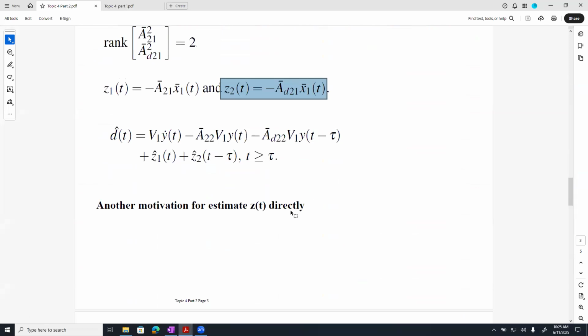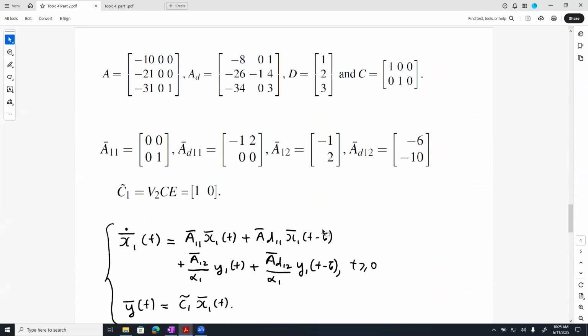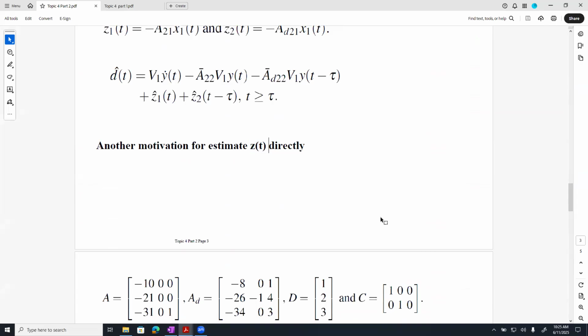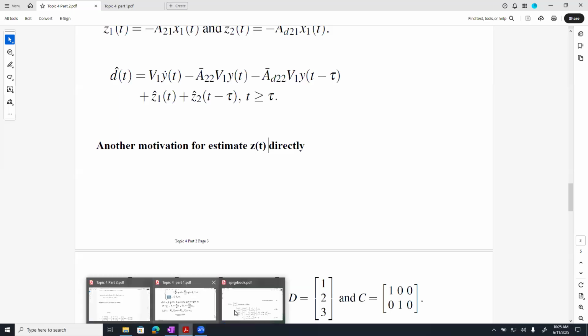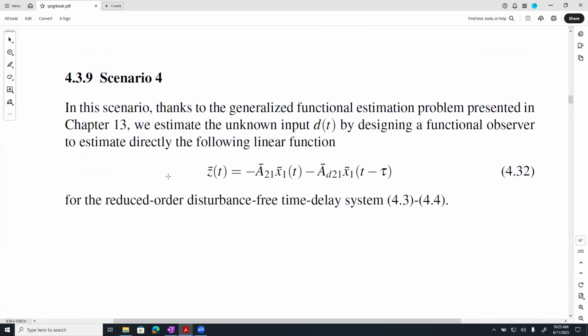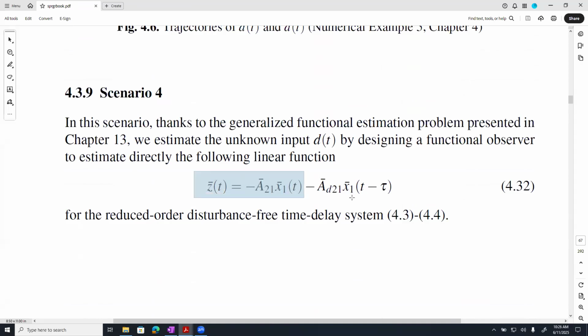And of course, in here, we're going to look at another motivation for estimating this functional directly. And what happened is the author's option for scenario 4 discussed in this book is basically telling that, look, there must be a method that enables us to estimate this generalized functional directly for the reduced time delay system.